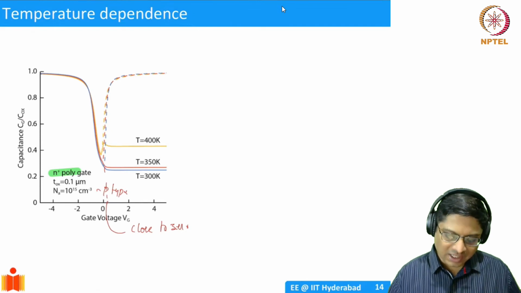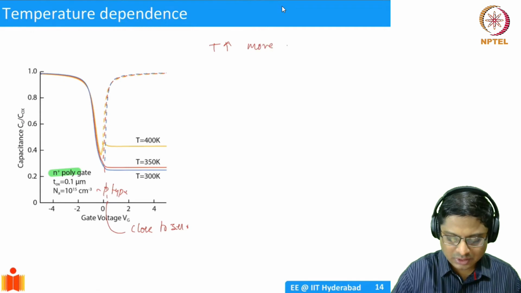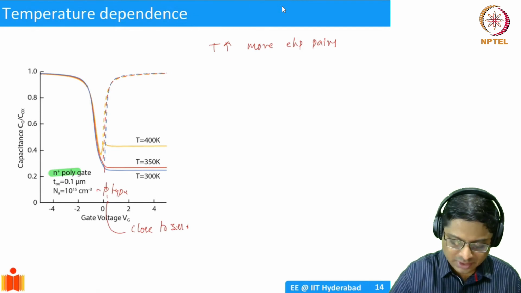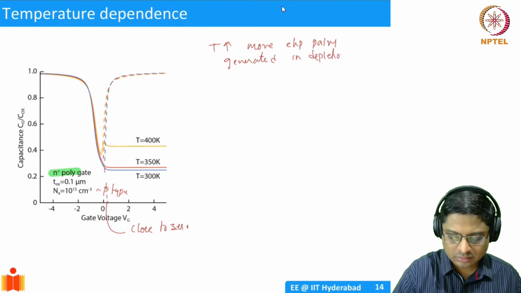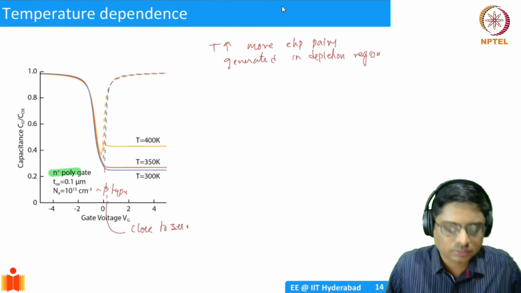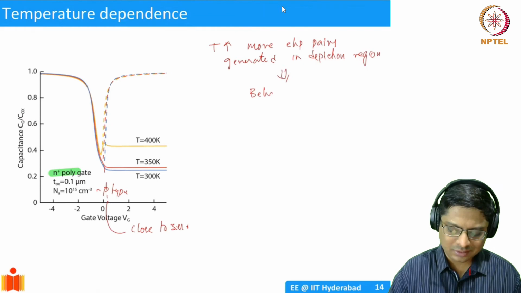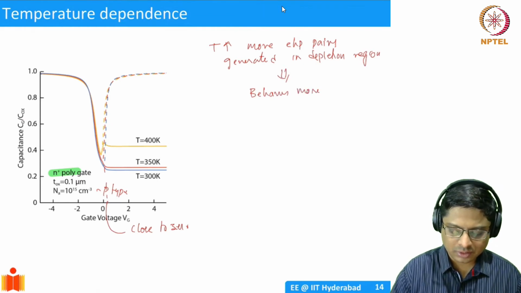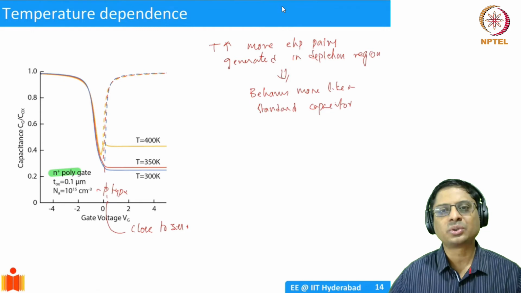And as temperature increases, you have more EHP pairs generated in depletion. So if you have more EHP pairs, essentially this behaves more like a standard capacitor, so it tends to go up.